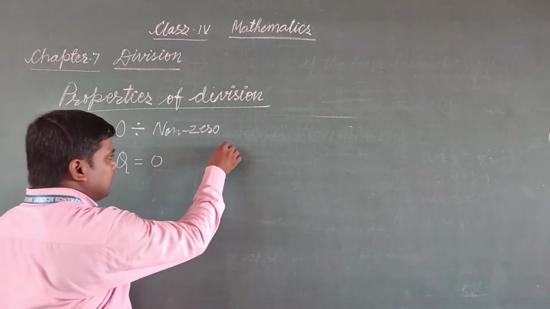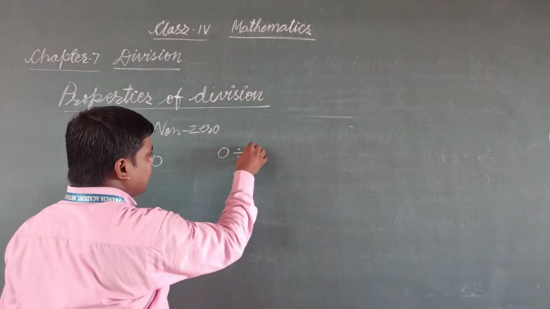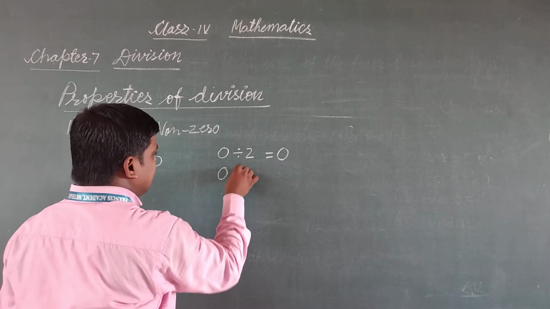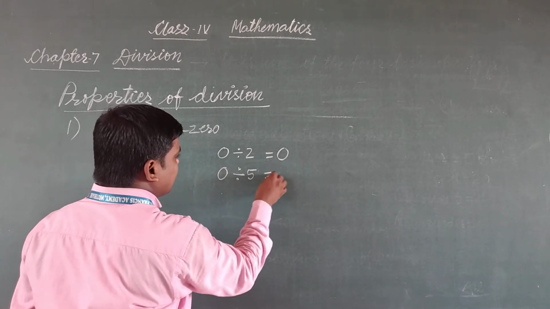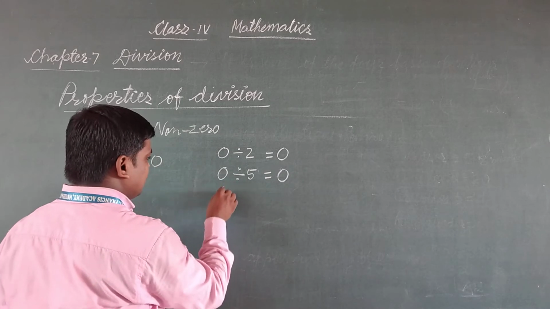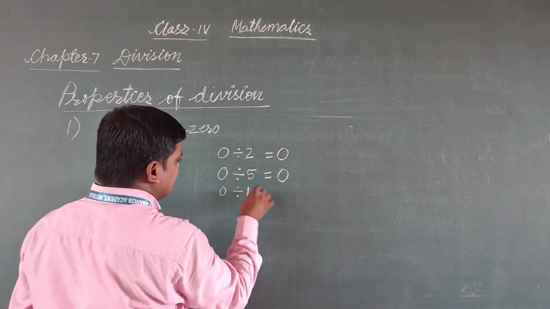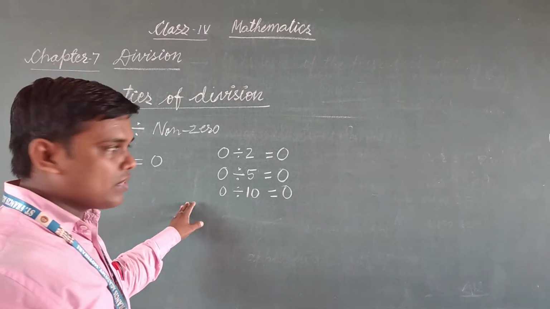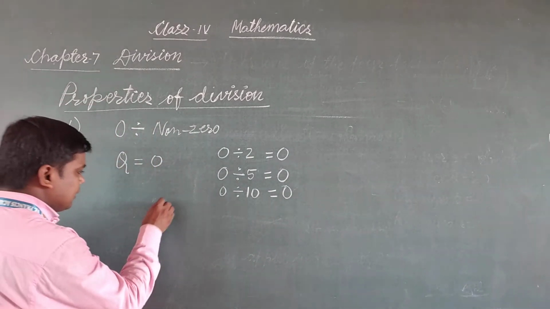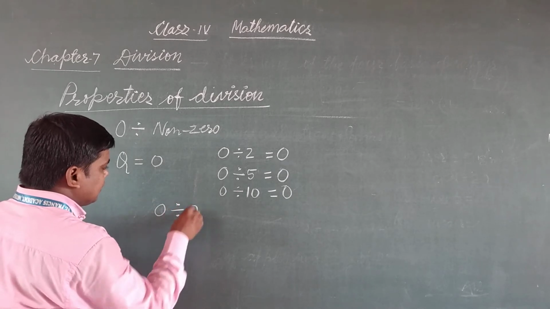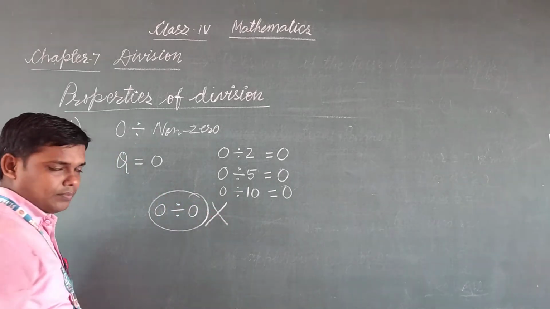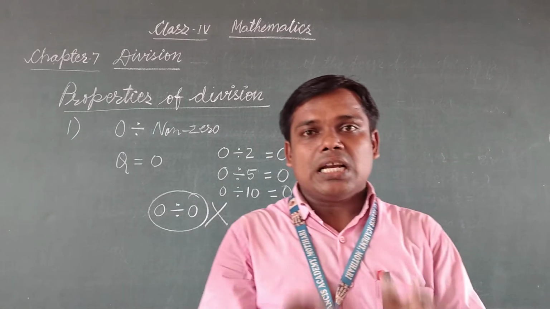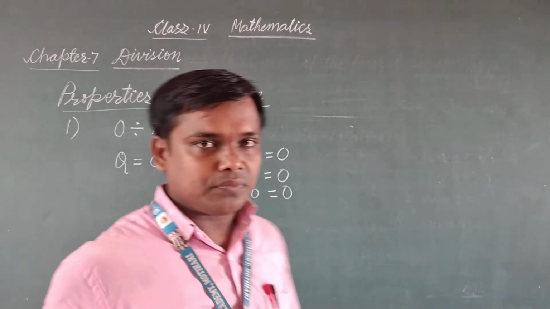For example, 0 divided by 2, quotient will be 0. 0 divided by 5, quotient will be 0. 0 divided by 10, quotient will be 0. Understood? We can't write 0 divided by 0. This is not possible. It is undefined. It means our divisor is never 0.